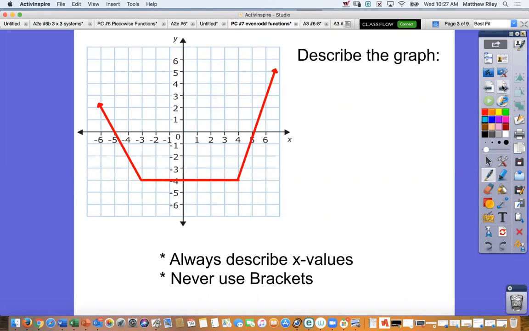Now it says describe the graph. So let's start, and we're just describing it for right now. I want to know, where is it increasing from between what? Where is it decreasing?